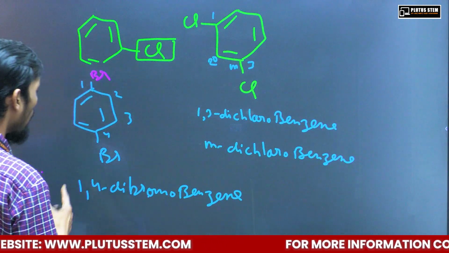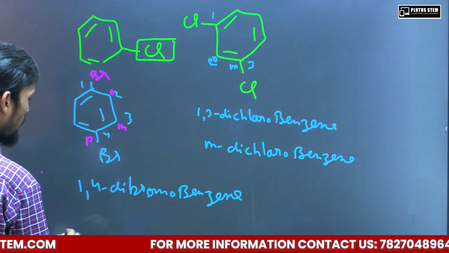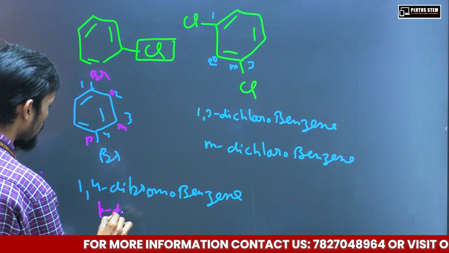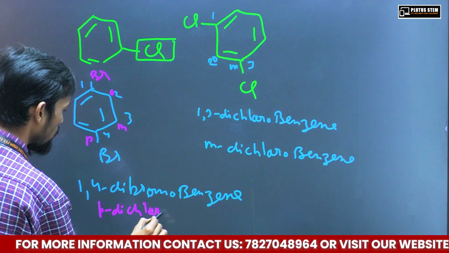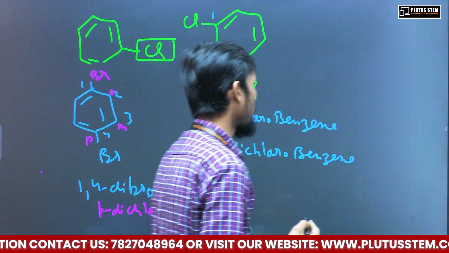Like this. And the common name will be like, this is ortho position, it is meta, and this is para. So para-dichlorobenzene.